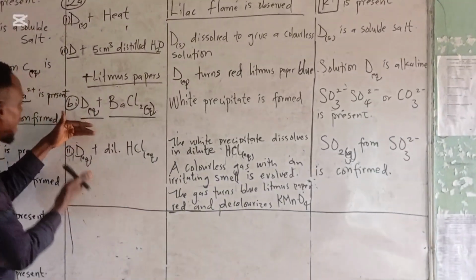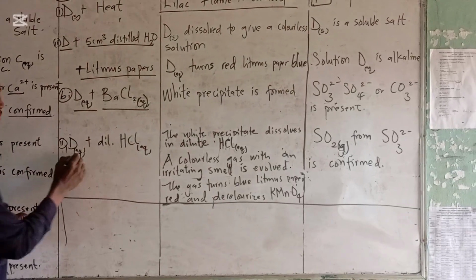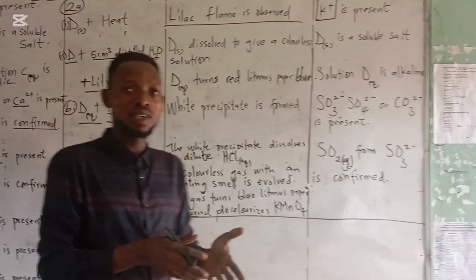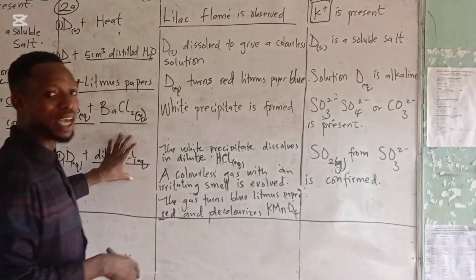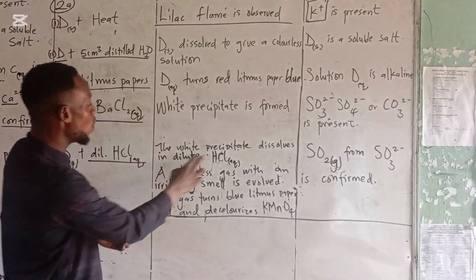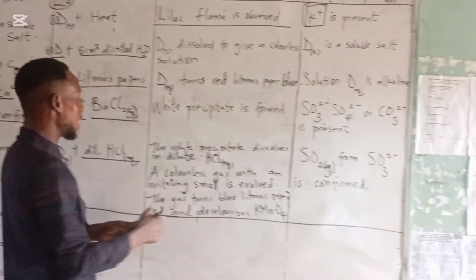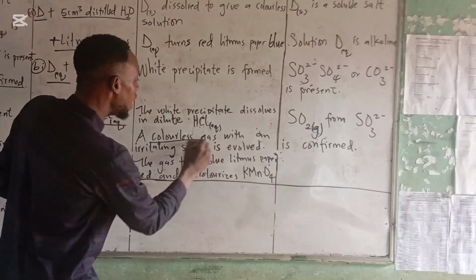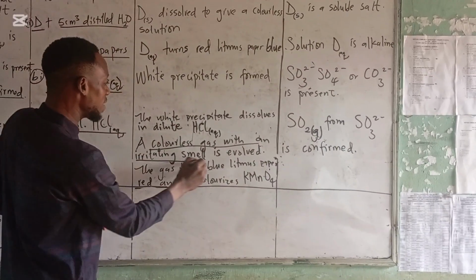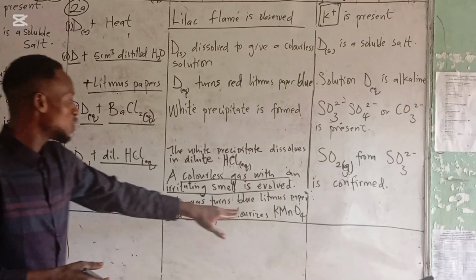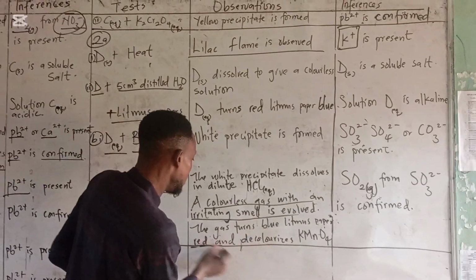Now we proceed to the last part of our question, which says add dilute hydrochloric acid to your sample D solution. So when you add dilute hydrochloric acid, what do we have? The white precipitate forms which dissolves in dilute hydrochloric acid. Then a colorless gas with an irritating smell is also formed. This gas turns blue litmus paper red.